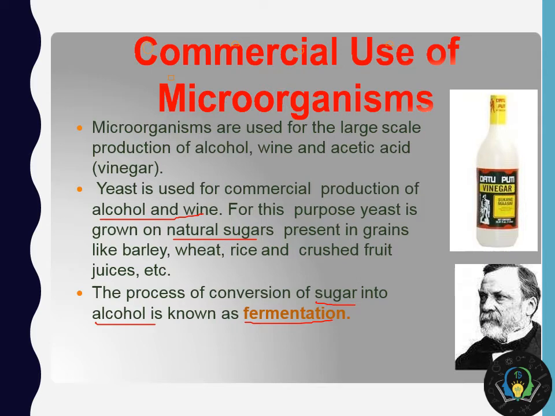Fermentation was first discovered by Louis Pasteur, one of the prominent persons in the field of biology. So this is how we use them at a commercial level to earn and make money out of it.